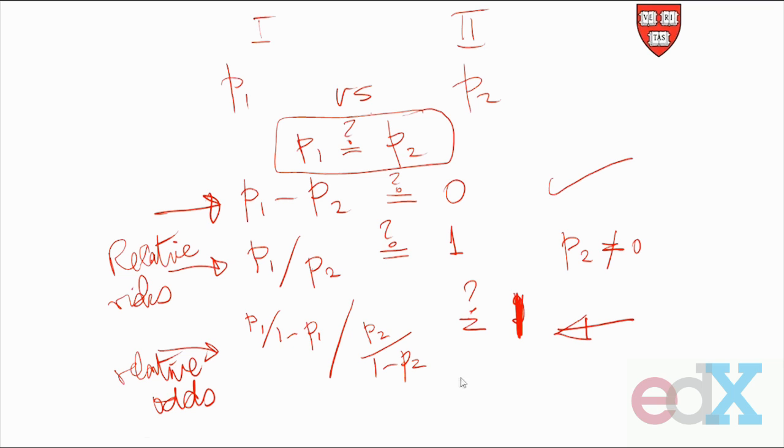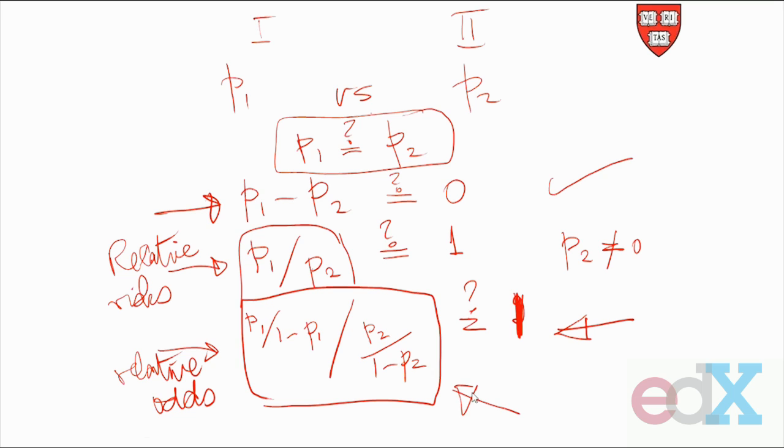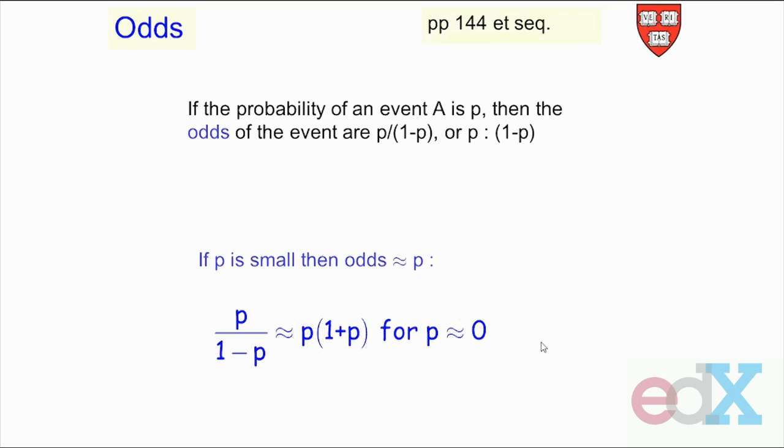This one has very much nicer statistical properties than this, so let's look at this. Clearly, the two are either both equal to 1 or they're not, and simultaneously. So why not go with relative odds? Okay, let's have a quick refresher about relative odds.